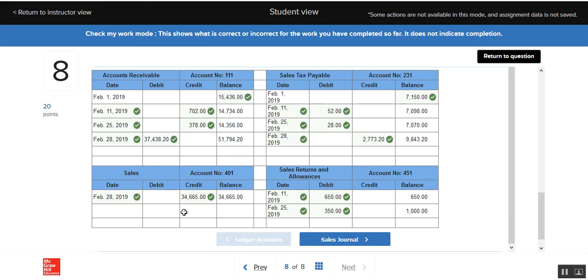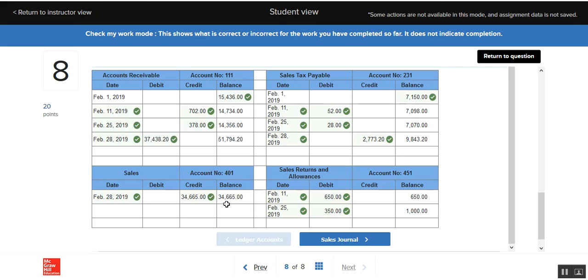Sales is a revenue. Revenue accounts do go on the income statement, so you're going to have to do something with this balance here as far as putting it on the income statement. And then sales returns and allowances is not a revenue account. It's actually a contra revenue account. So it also goes on the income statement. This one offsets the sales. So what we can tell from these 2 accounts is that we in total sold $34,665 worth of stuff.